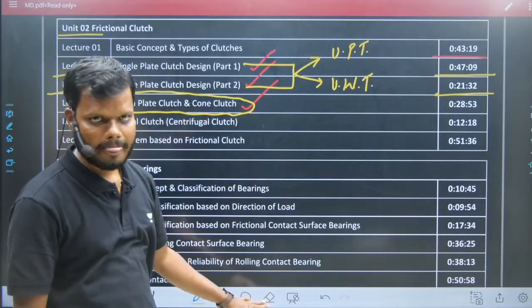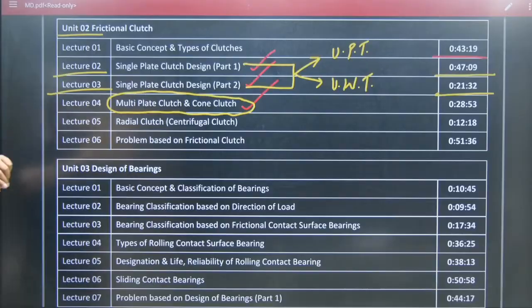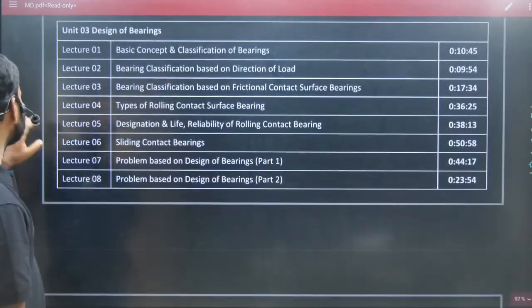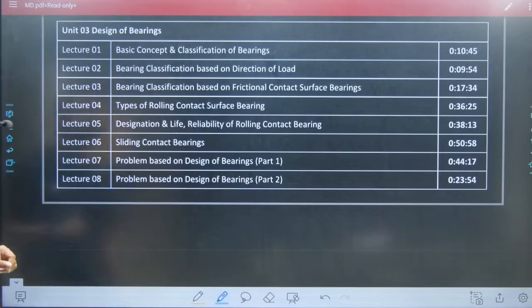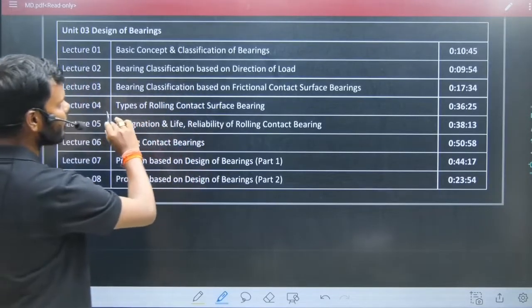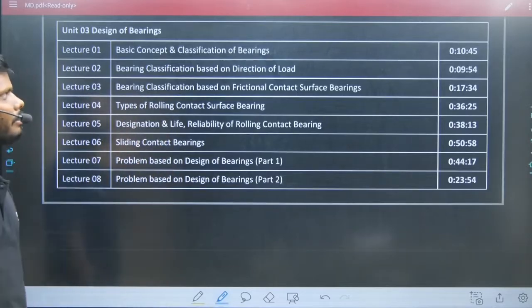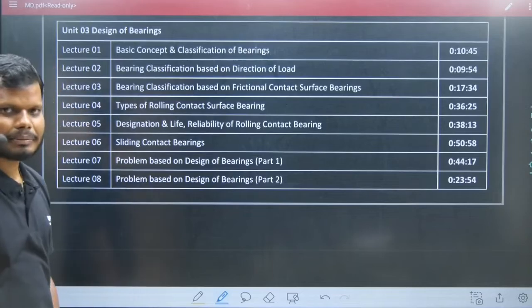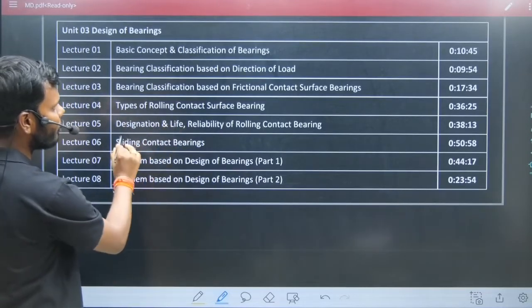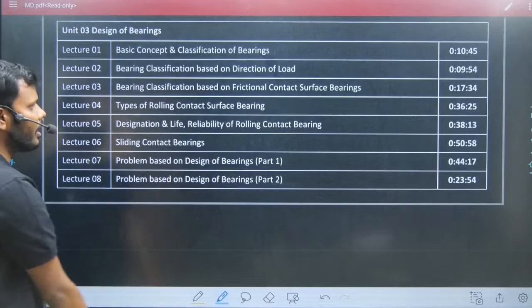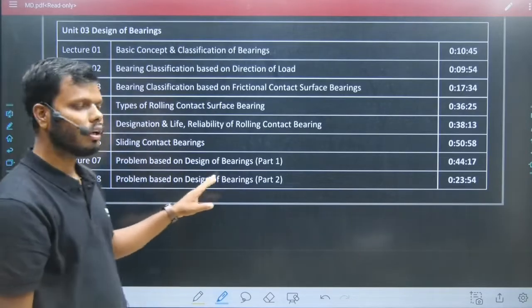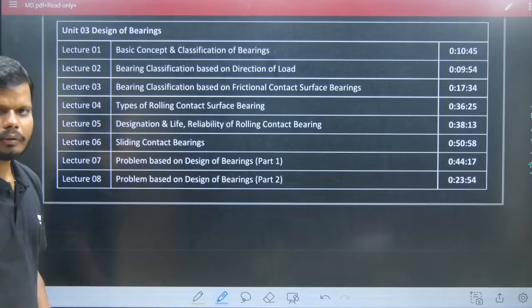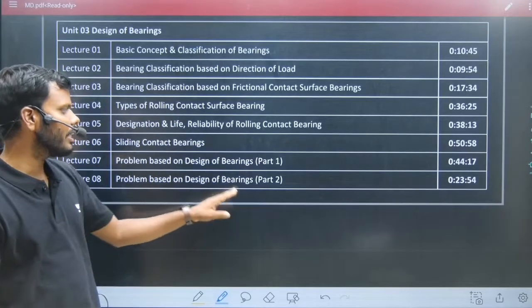Okay. So unit 3, design of bearings, will be covered. In design of bearings: basic concept and classification of bearings, bearing classification based on direction of load, bearing classification based on frictional contact surface. Next is types of rolling contact bearing, designation and life reliability of rolling contact bearing, sliding contact bearing, and problems based on design of bearing part 1 and part 2.